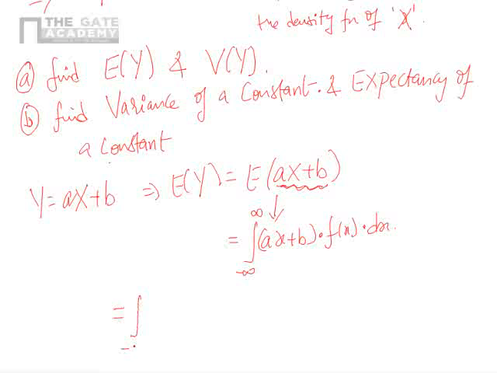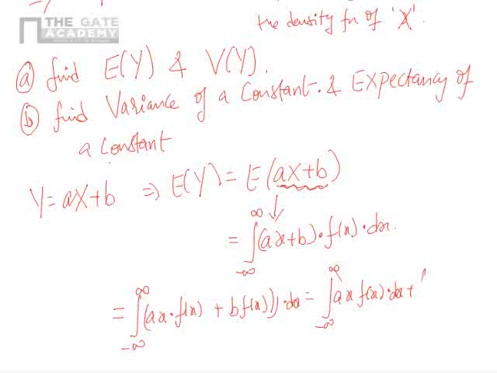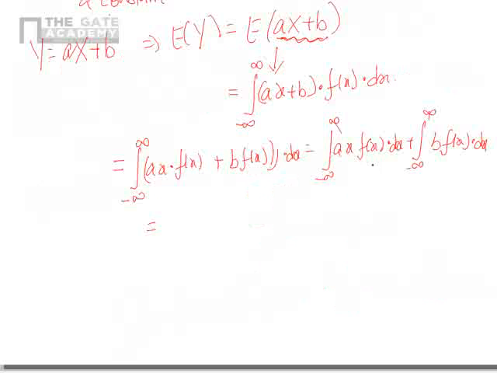Integral minus infinity to infinity of ax f of x plus b f of x the whole into dx. This is nothing but integral minus infinity to infinity ax f of x dx plus integral minus infinity to infinity b f of x dx. So a is a constant, I can take it outside: a into integral minus infinity to infinity x f of x dx plus b into integral minus infinity to infinity f of x dx.